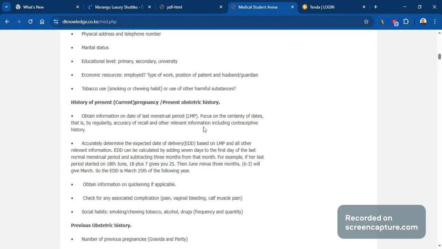History of present pregnancy, present obstetric history. This is always in the NC card, so you don't need all those parameters that you need to fill; just question the clients. Then you are supposed to obtain information on the date of last menstrual period. Focus on the certainty of dates, that is by regularity, accuracy of recall, and other relevant information, including contraceptive history.